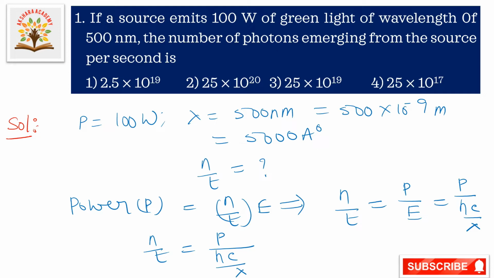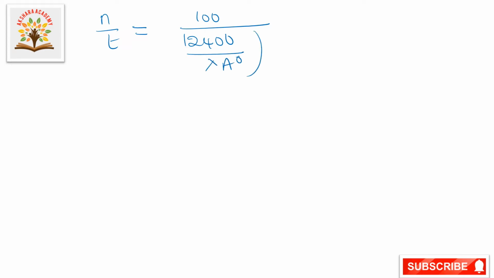Now substituting values, we get N by T is equals to 100 by 12400 by lambda in Armstrongs into electron volts.